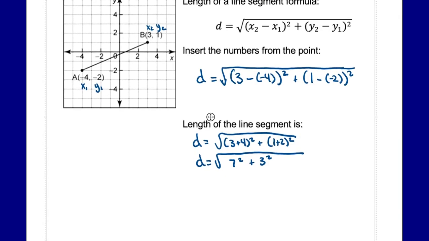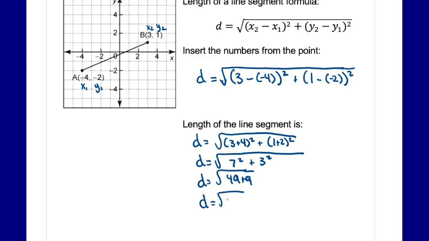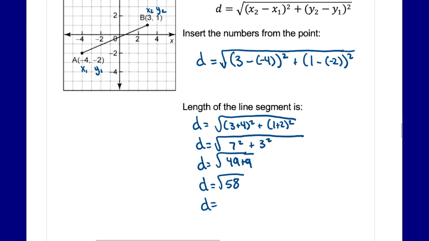Once I go through and calculate, I get D is equal to the square root of 49 plus 9. D is equal to the square root of 58. Again, that's my exact value because when I go to square root it, I do not get a nice answer. I get 7.62. But for our purposes, it's okay to do that square root to get an answer. Later on, in different courses next year, you might need to find the exact value.